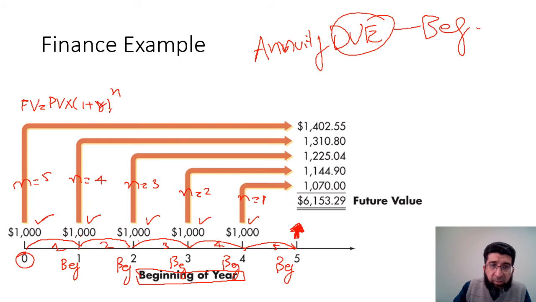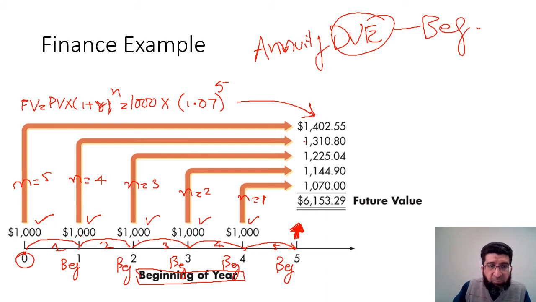For this we have 1000 multiplied by 1.07 raised to the power 5, and you will get this value. When you make it 4, it will be this value.